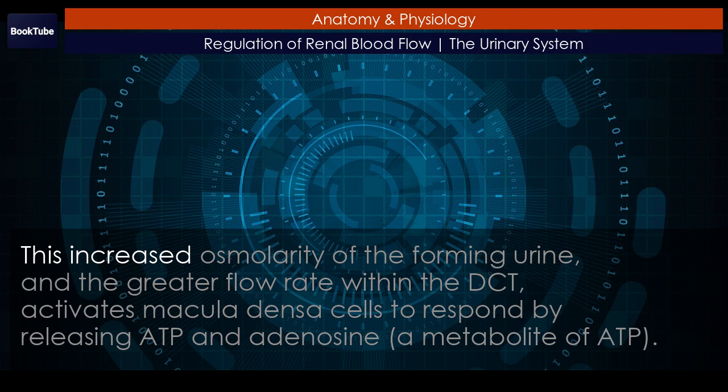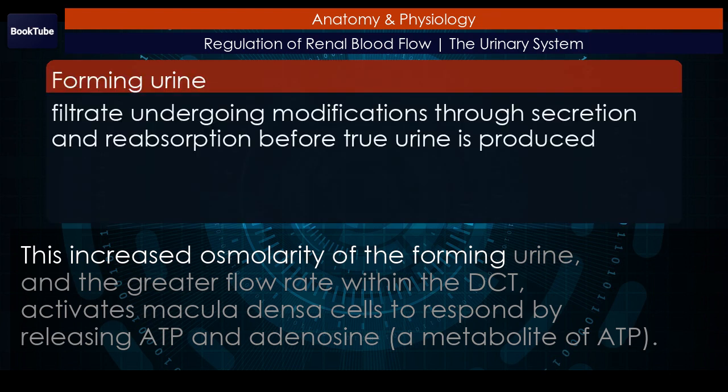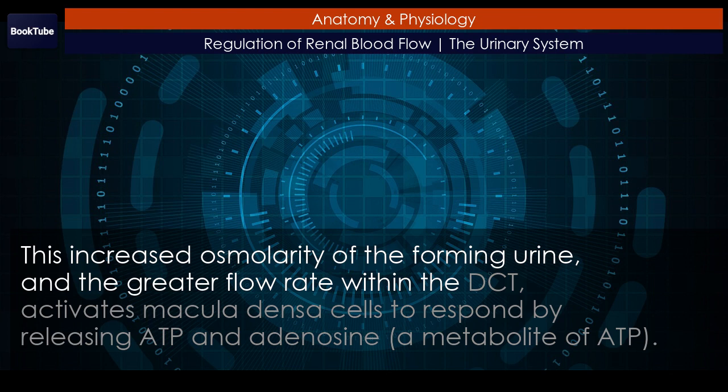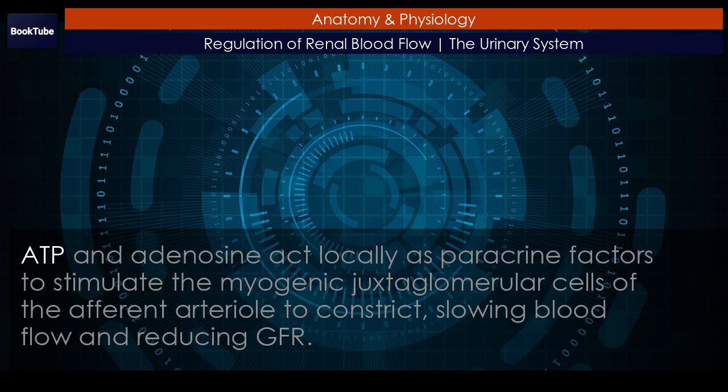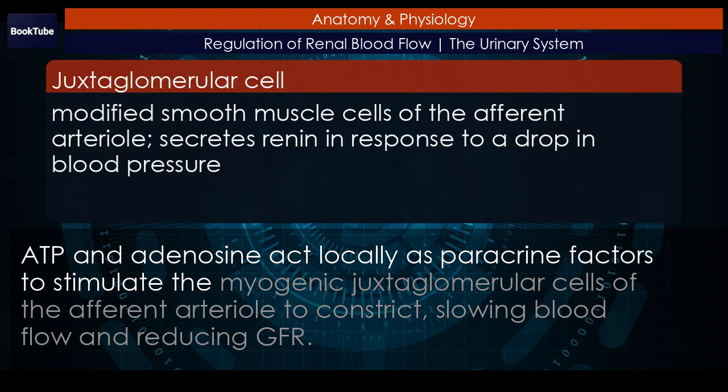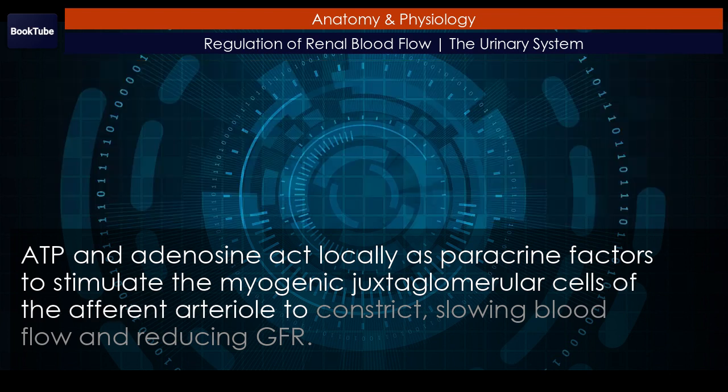This increased osmolarity of the forming urine, and the greater flow rate within the DCT, activates macula densa cells to respond by releasing ATP and adenosine, a metabolite of ATP. ATP and adenosine act locally as paracrine factors to stimulate the myogenic juxtaglomerular cells of the afferent arteriole to constrict, slowing blood flow and reducing GFR.